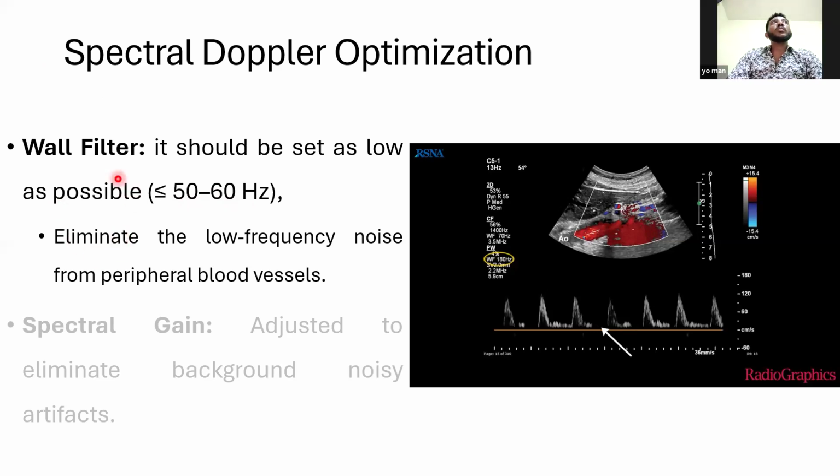So what the wall filter does in Doppler tracing is eliminate the low frequency noise from peripheral blood vessels. As you can see here, there is a well-adjusted wall filter.